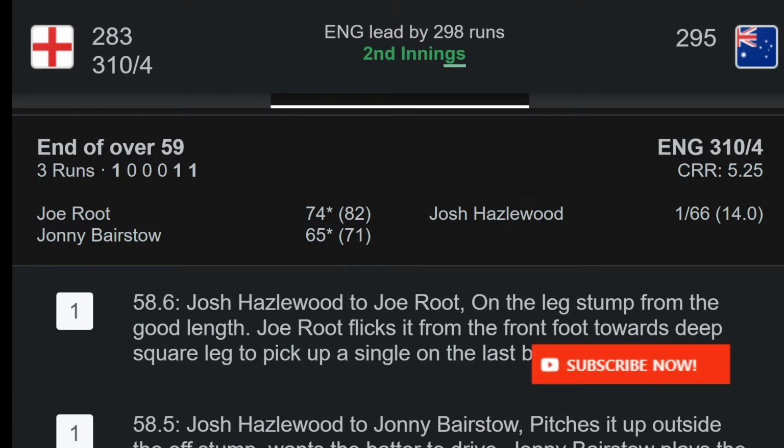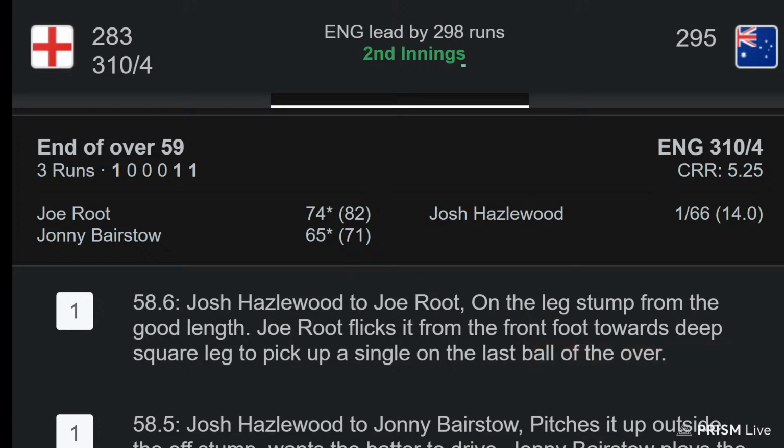Josh Hazlewood has completed his over. Hazlewood to Joe Root on the leg stump from a good length. Joe Root flicks it from the front foot towards deep square leg to pick up a single on the last ball of the over.